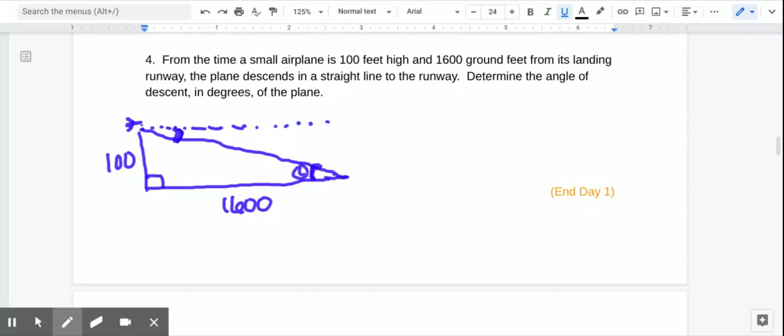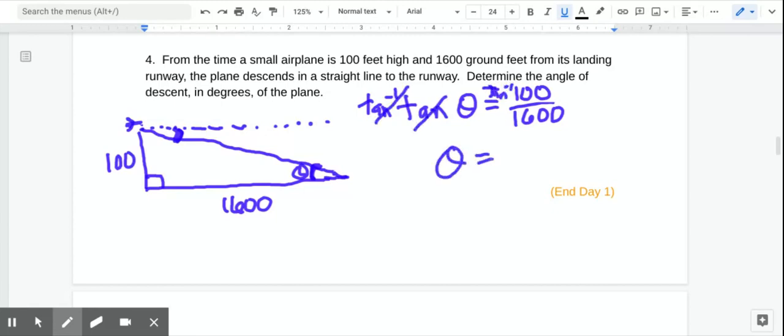So this looks like a tangent problem. The tangent of angle theta is 100 over 1,600. And we need to solve for theta. So the way we're going to do that is we're going to do the inverse, because that undoes the tangent function. So inverse tangent and tangent will cancel each other out. And in your calculator, you're going to do the inverse tangent of 100 over 1,600. And you will get 3.6 degrees.